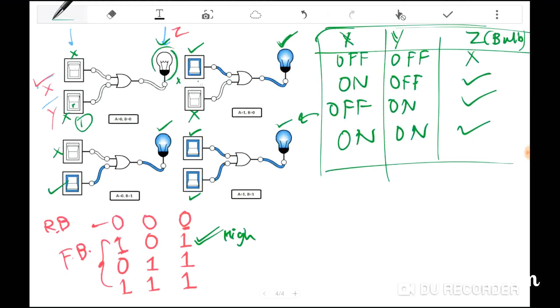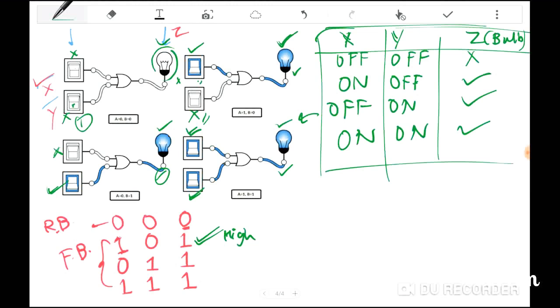If one switch is on and one is off, we get an output, that is logic level high, that is 1. If one switch is off and another is on, we get an output again. And if both the switches are on, we again get the bulb glowing.